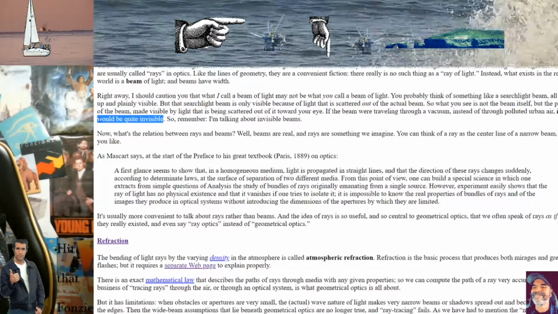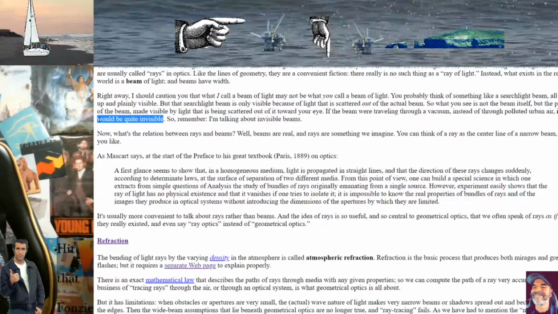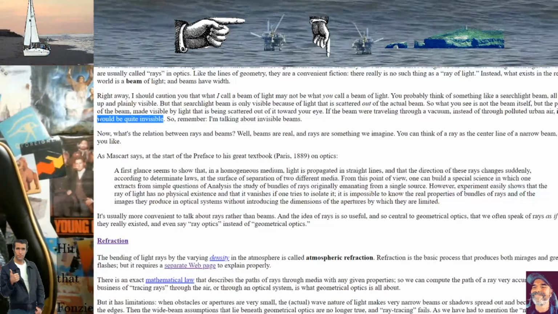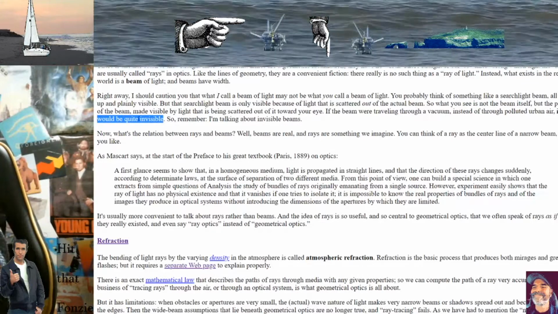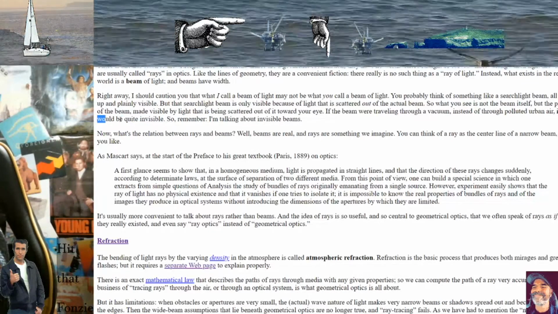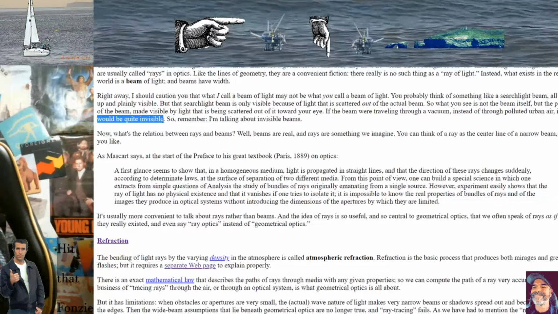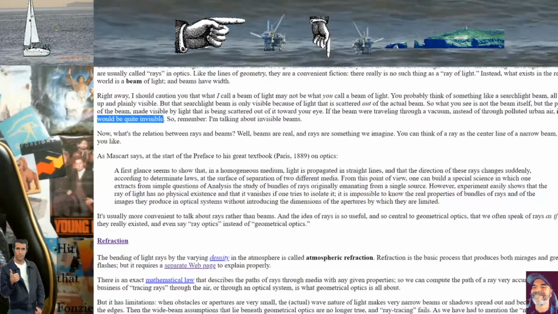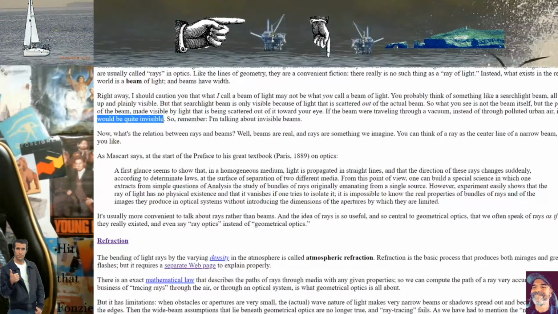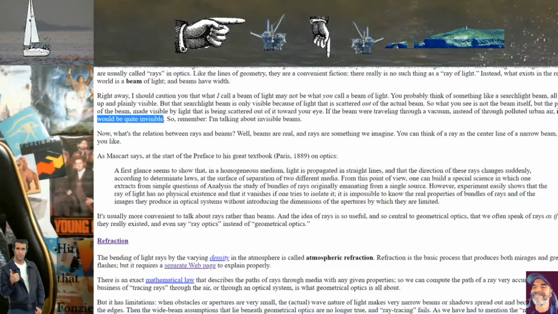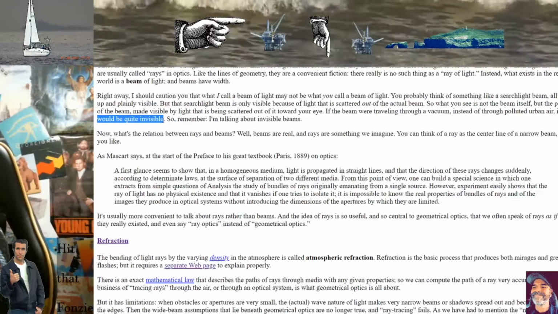You can show it to me with other spectra, sure. But we're not talking about spotlights. We don't ever see daylight in rays or beams unless there's an obstruction.